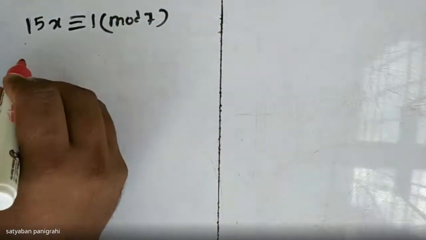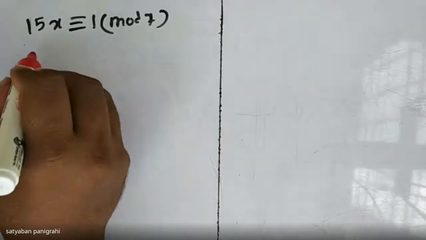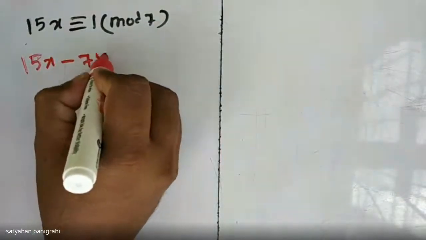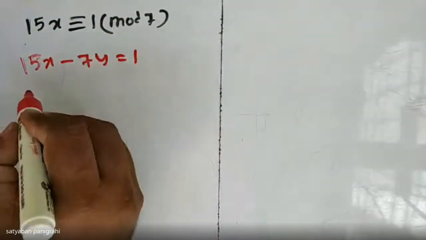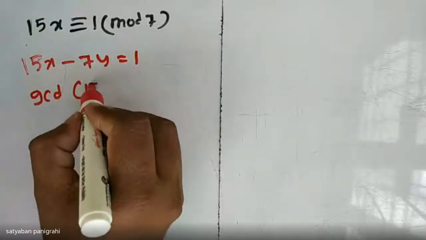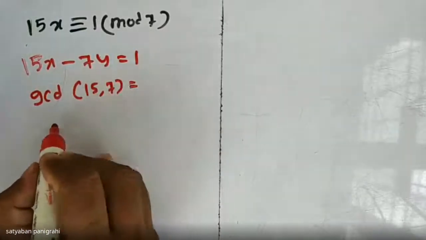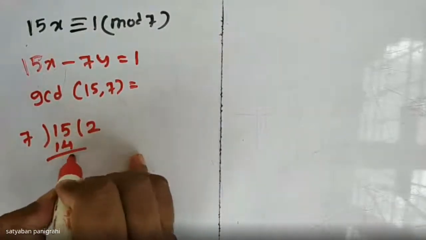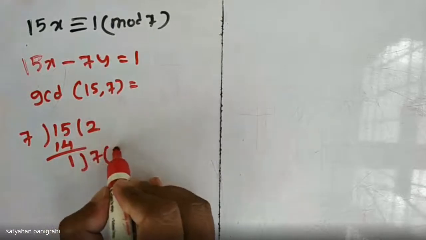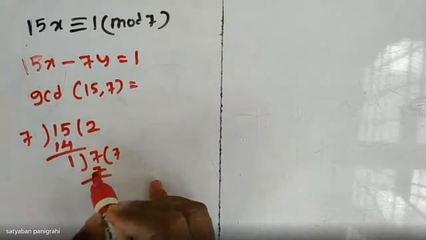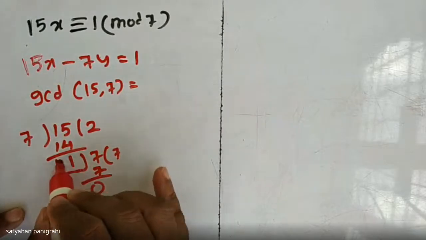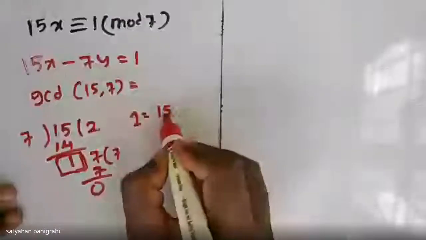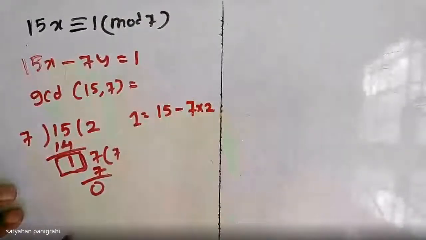You have to solve the linear Diophantine equation 15x minus 7y equal to 1. Now GCD of 15 and 7: 15, 7, 14, remainder 1, 7, 7, 0. So GCD is 1. Now you can write 1 equal to 15 minus 7 into 2.